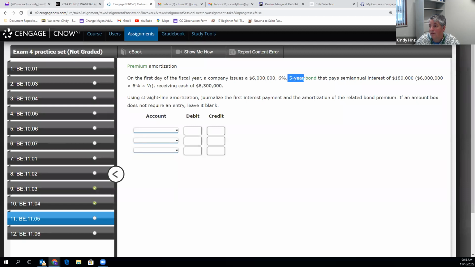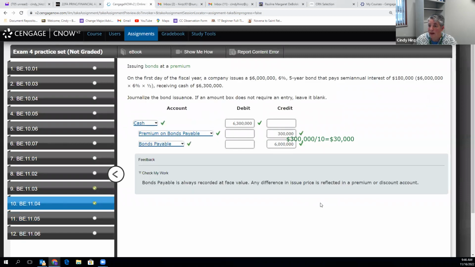If this is a 5-year bond and it's paying semi-annual interest, we have 10 interest payments. And in those 10 interest payments, we need to fully amortize that premium. So to do it in a straight line fashion, we are going to amortize $30,000 of that premium each time we make an interest payment.